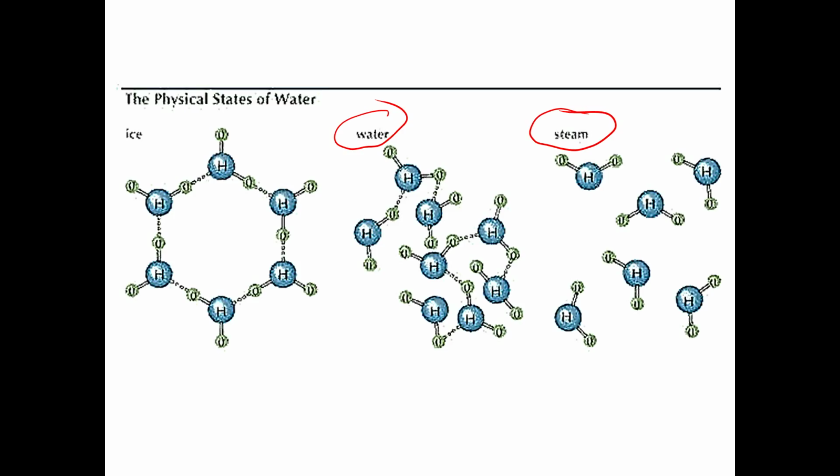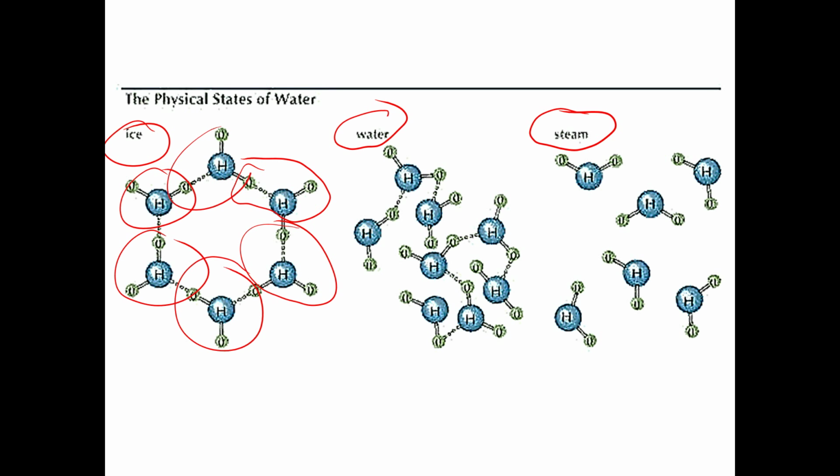But one of the very unique things about water as a solid is that it actually has a much more ordered structure. Here, notice that the individual water molecules have this specific arrangement. It basically forms a lattice structure.